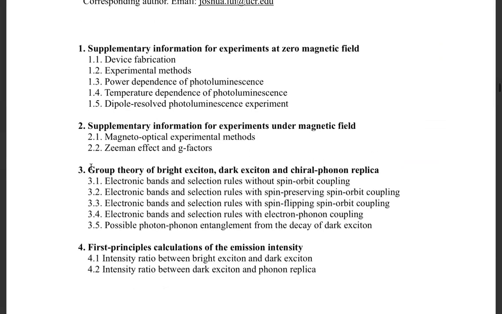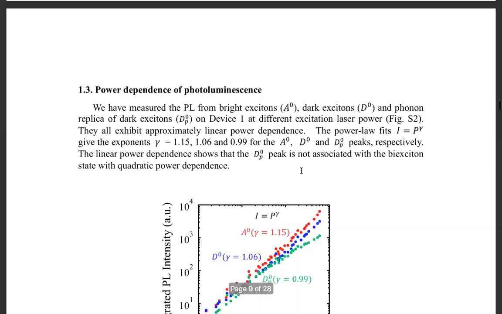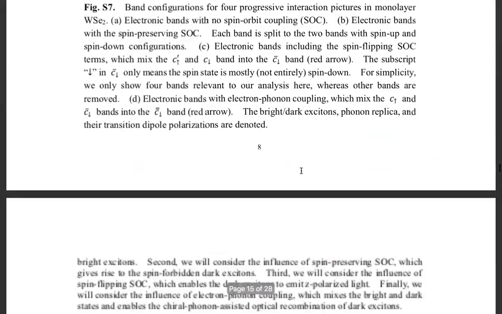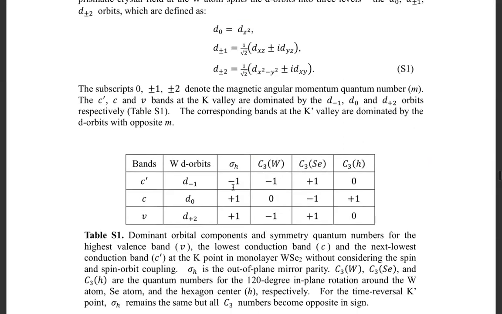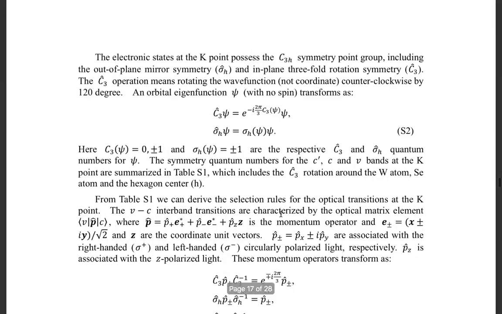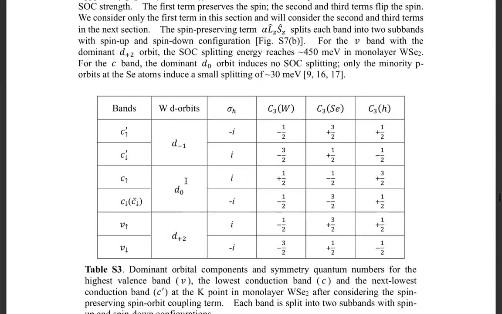It has a part on the group theory of exciton and chiral phonon. If you go down, it talks about the spin-orbit coupling, like this atomic orbital, the characters at different symmetry operations, and then the selection rule. Once you have the spin, you're going to change the character.